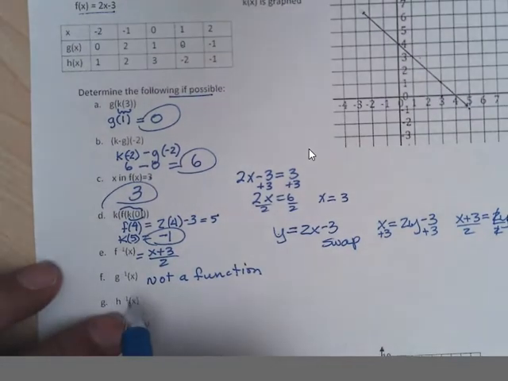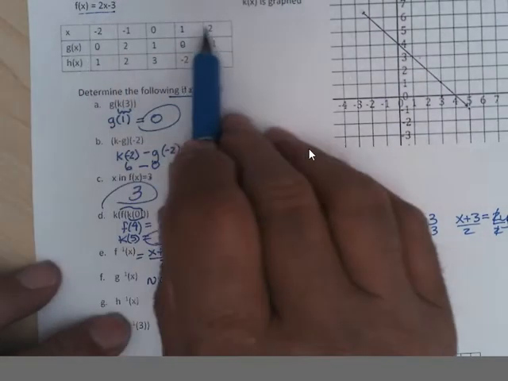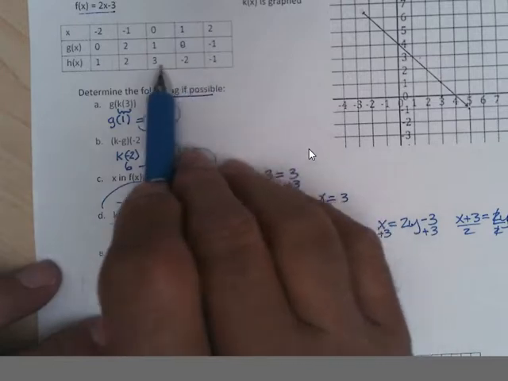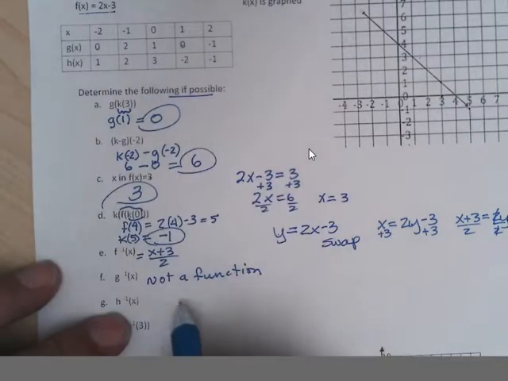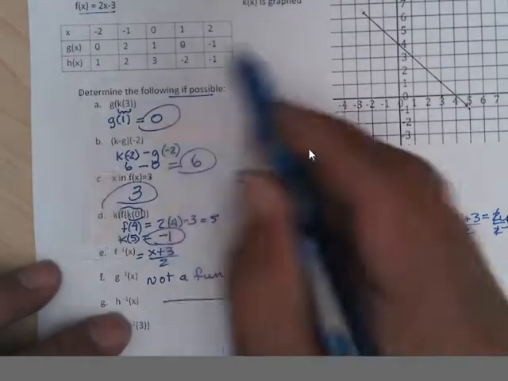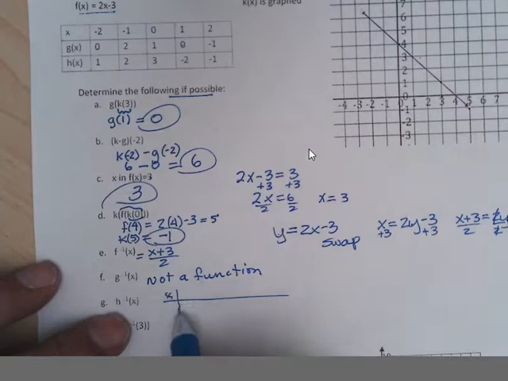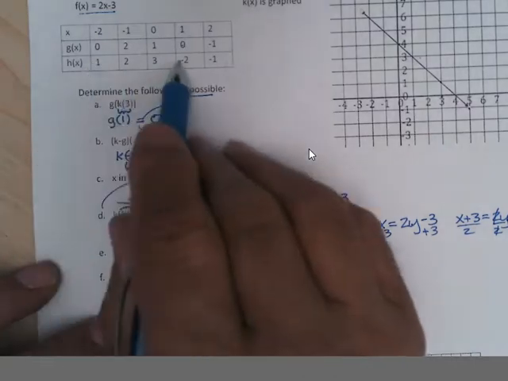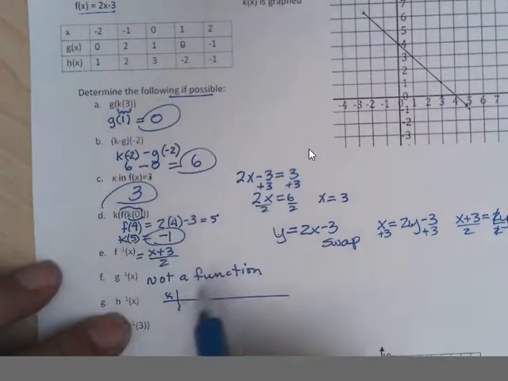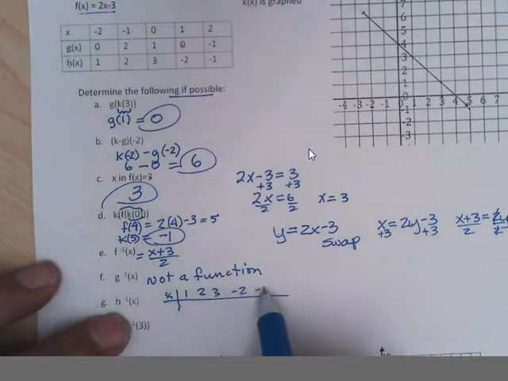Now for H, these went to these, and there's no repeats, so we can do the inverse, and so we do the table reverse. The x becomes what was the y's, the outputs of h. So it's 1, 2, 3, minus 2, minus 1.